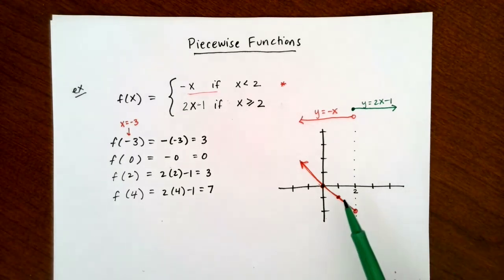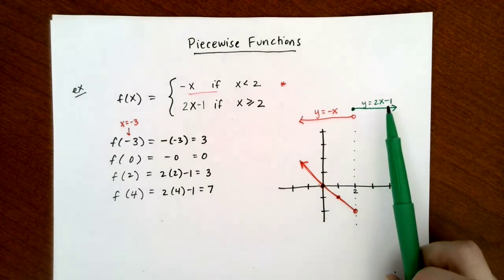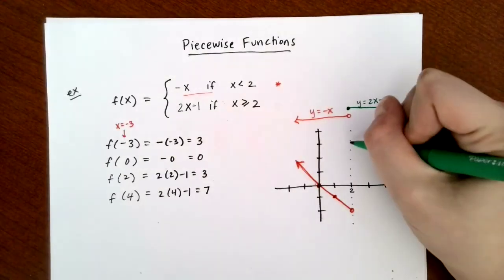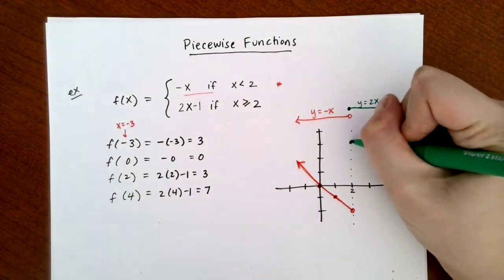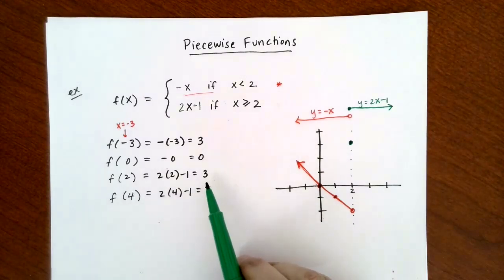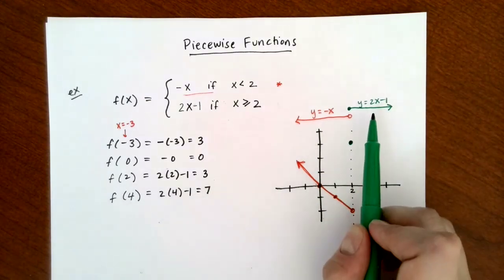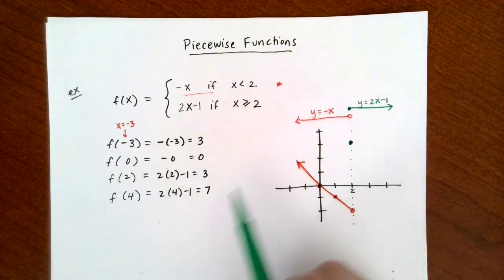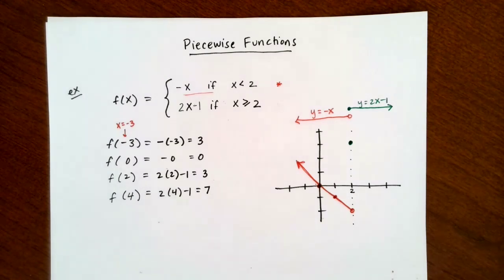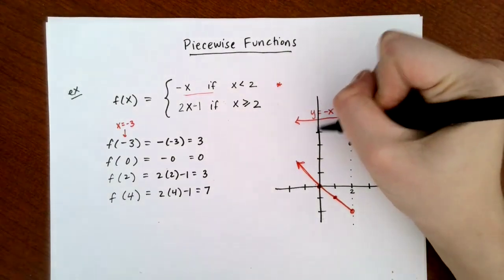All right, so at x equals 2, we start using this formula, and we decided f of 2 was 3. So we've got 1, 2, 3. Solid point, because that point really is there. And then I just need one other point because this is a straight line. If we plug in 4, we get 7. I guess we have no choice but to go off the picture here. I'm going to extend my axes a little bit.